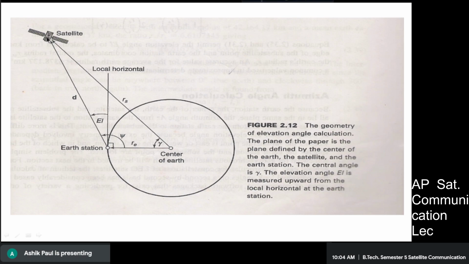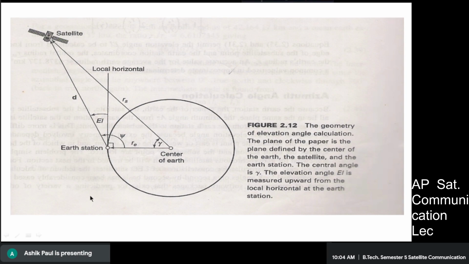This is the satellite whose signal you are trying to track. And with respect to the Earth station, this is the local horizon. This is very important to understand, that the local horizon will be different at different points on the surface of the Earth because of the curvature of the Earth. It will be different at different points.